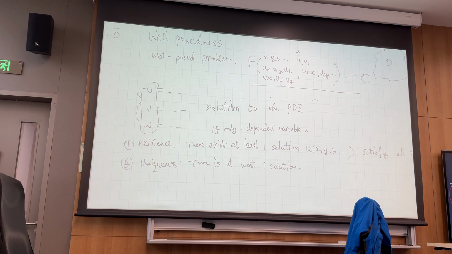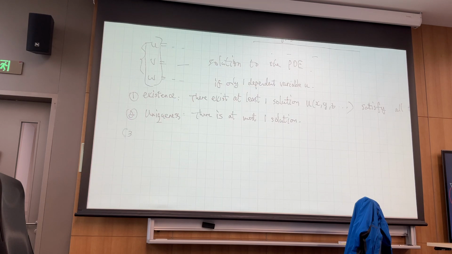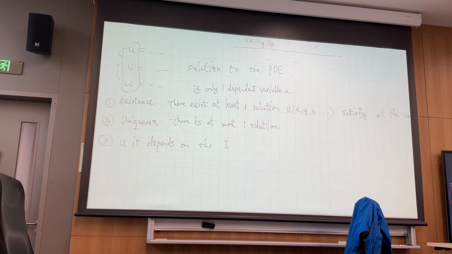Okay, right. And the last property is that this solution, this solution u(x,t), it depends on the data, or let's say it depends on the initial conditions and the boundary conditions.